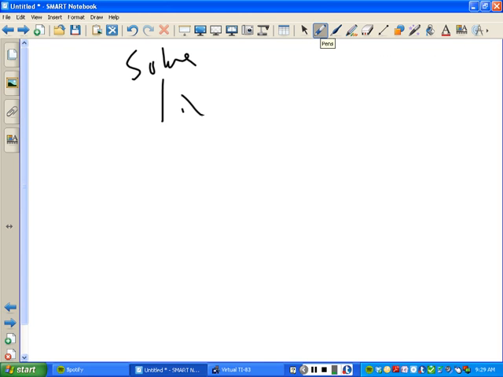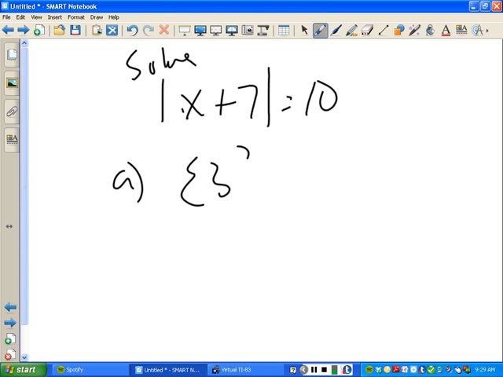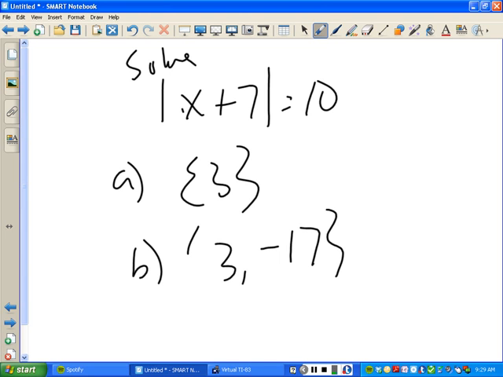Solve x plus 7 equals 10. If you see me write 3, negative 17, and all you got was 3, and you didn't get negative 17, there's a good chance that you don't know what you're doing.